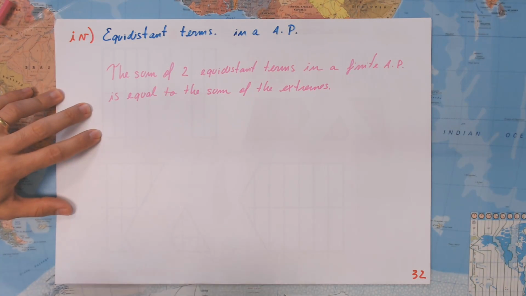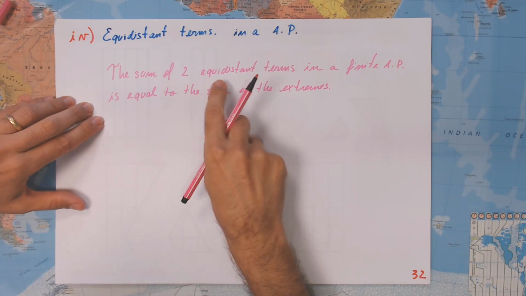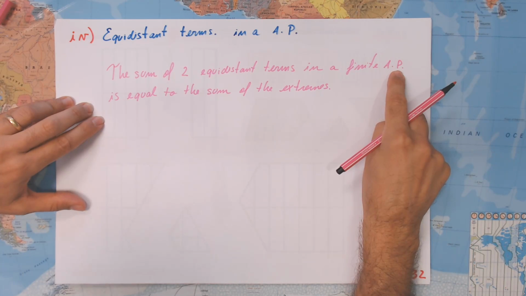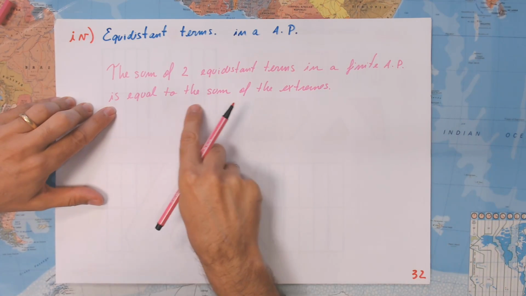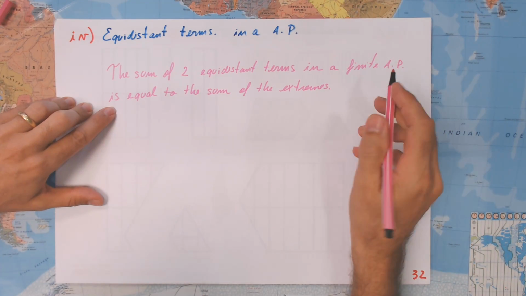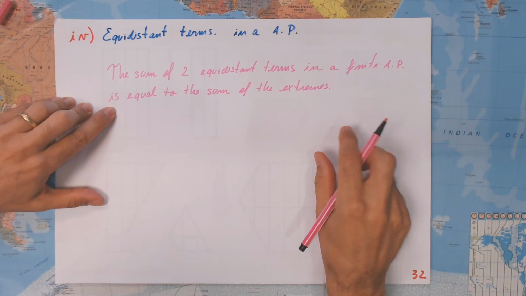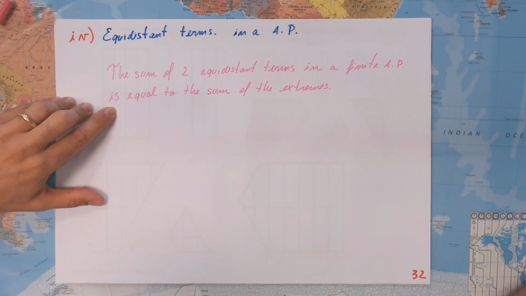Okay? And when I say the sum of two equidistant terms in a finite arithmetic progression is equal to the sum of the extremes, this is also true for all equidistant terms, okay?